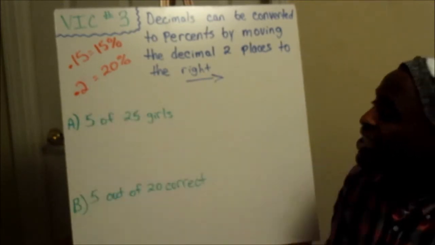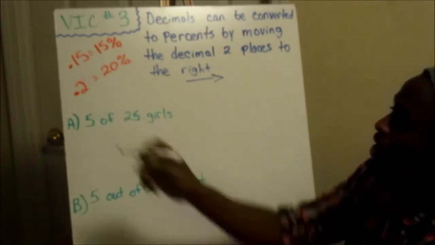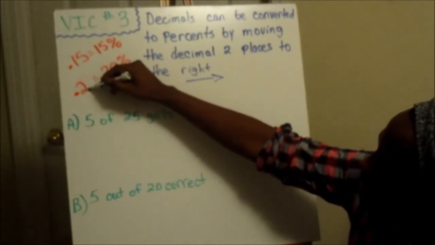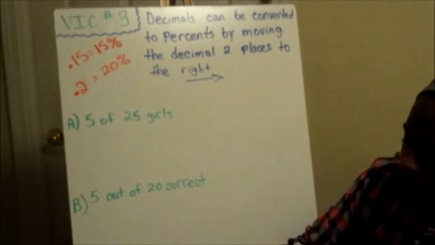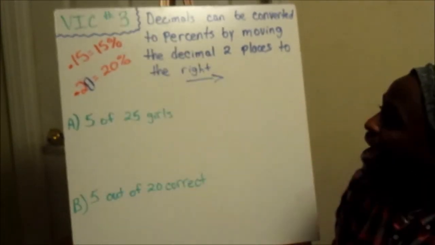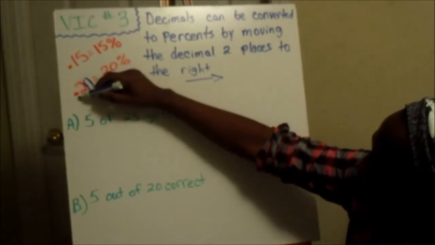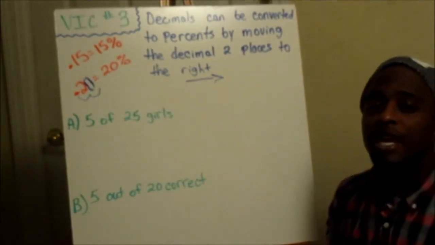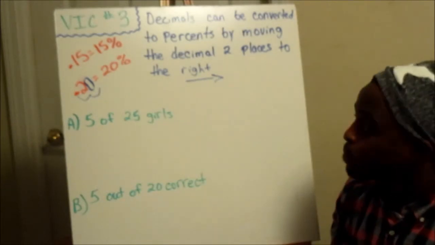Here with 2/10, again, I can still move it 2 places to the right. I would just need to add in a 0, that way I can make the 2 moves. And then I'll go 1 place, 2 places, and it becomes 20%.